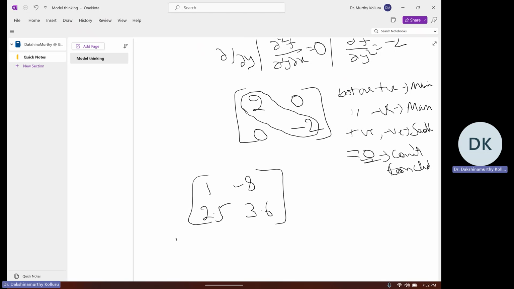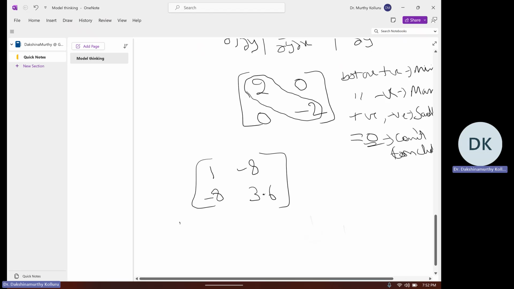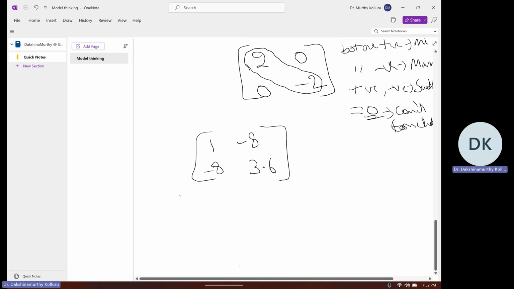Sorry, I made a mistake. If I got 1, minus 8, minus 8, 3.6, because it's always a symmetric matrix. How do I know whether it's positive or negative? I can't. So I put it through a process called diagonalization, where this matrix is converted into a diagonal matrix. And then I observe the diagonal elements. These two will be zeros and I observe.